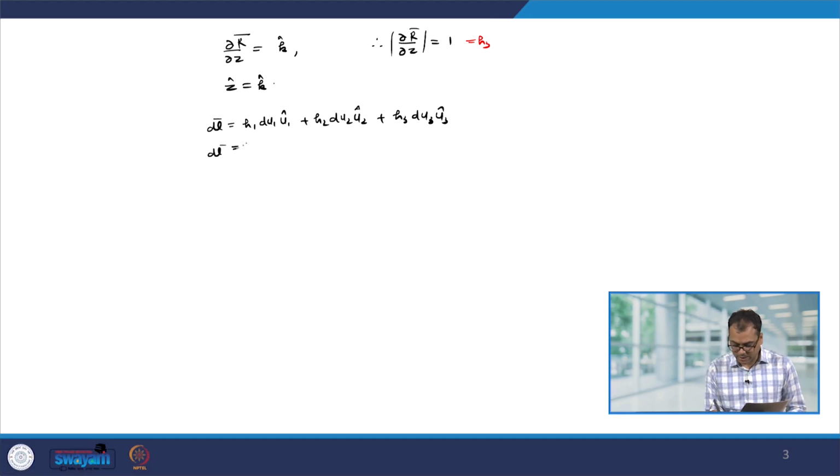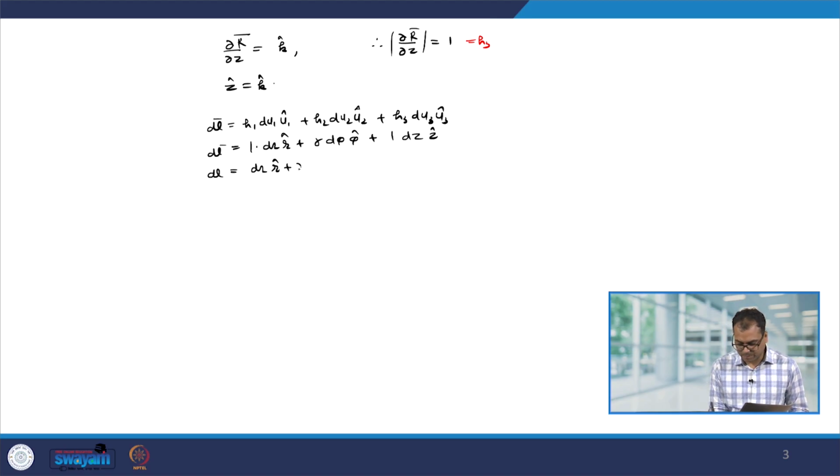So we get dl, h1 is 1, u1 is r, so dr r cap plus h2 is r, u2 is phi, so d phi phi cap plus h3 is 1, and u3 is z, so dz z cap. Therefore dl can be written as dr r cap plus r d phi phi cap plus dz z cap.